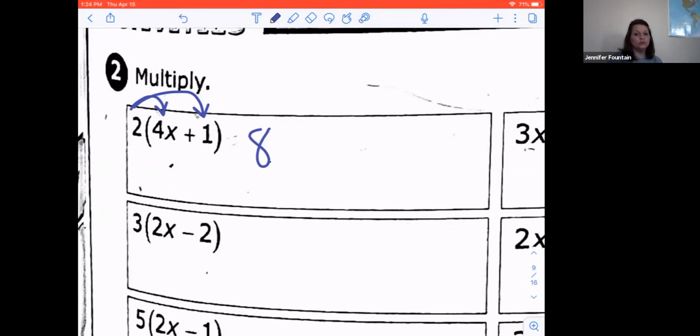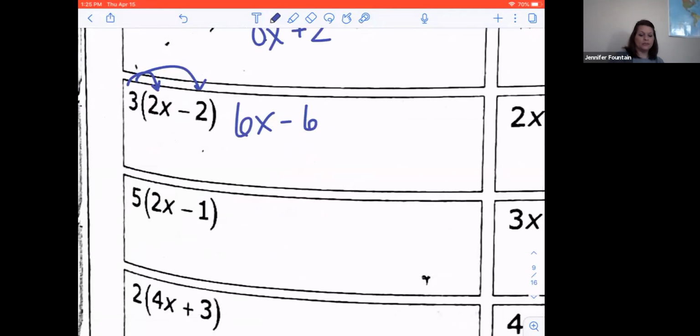So 2 times 4x is 8x. And then 2 times 1 is 2, and it's positive, so I have 8x plus 2. Distribute 3 to each term inside parentheses. 3 times 2x is, what's 3 times 2x? 6x, and 3 times negative 2 is negative 6.